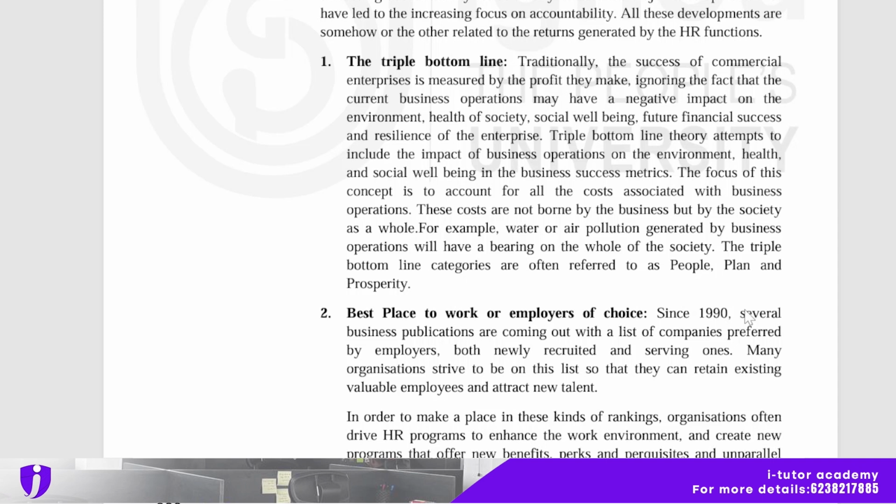In the triple bottom line, traditionally the success of commercial enterprises is measured by the profit they make, ignoring the fact that current business operations may have a negative impact on the environment, health of society, social well-being, future financial success, and resilience of the enterprises.